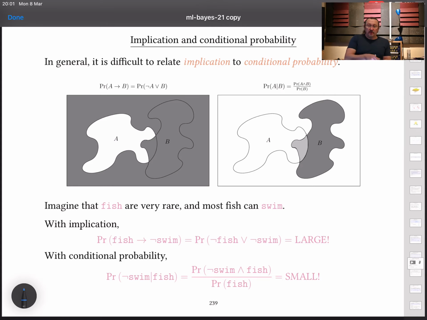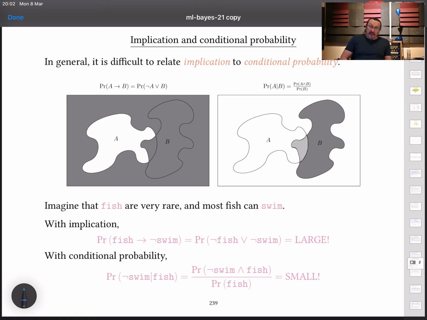If you look at conditional probability, you then have the probability that something's a fish and it can't swim divided by the probability that something's a fish. And if most fish can swim, that's going to be a small probability. So here we have a really direct illustration of how these two concepts differ.